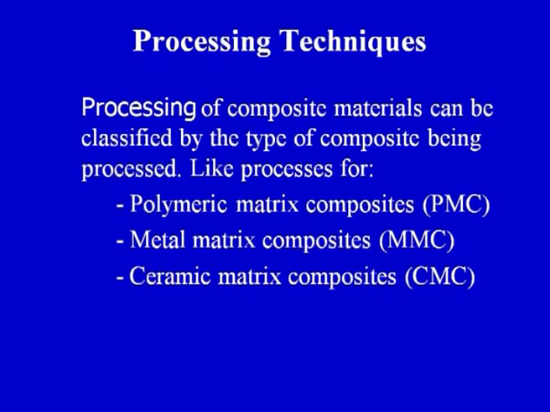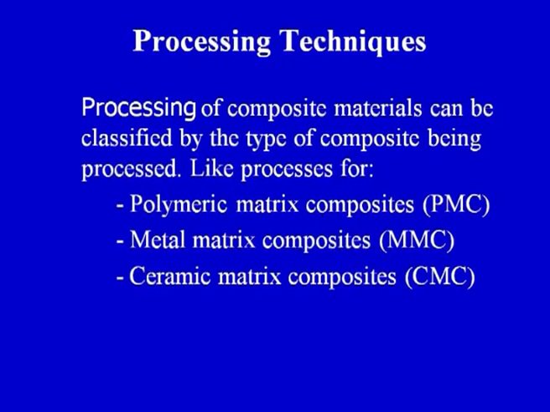Now, processing techniques are different for different types of composites. Although the important focus is the same, high quality, cost effectiveness and technical versatility, the processes used for processing the composites depend on the matrix material. If you see this particular slide, we are focusing on the classification on the basis of the matrix material.